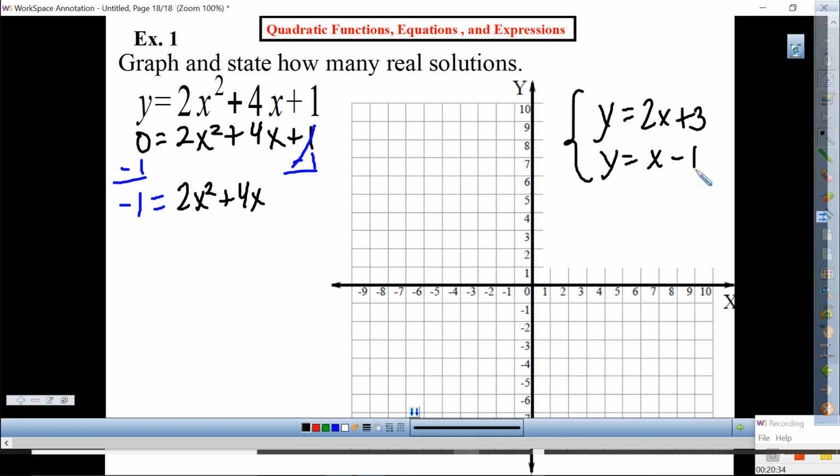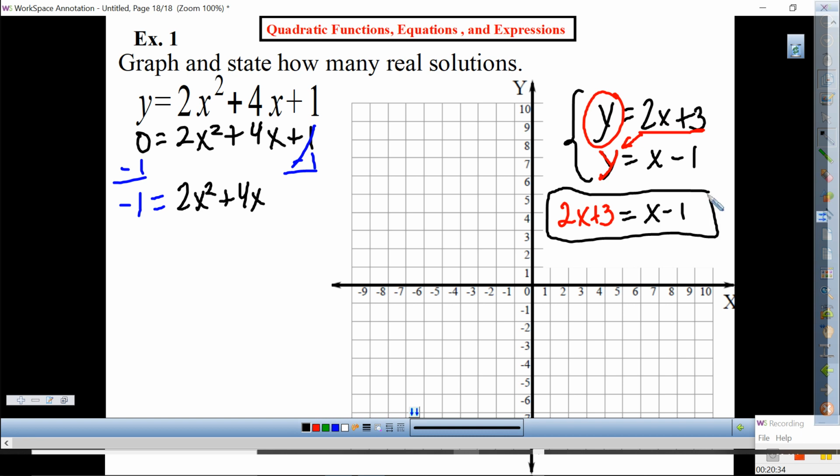And I said, to solve this using substitution, in the second equation, instead of writing y, what was y over here first? Y is what? All this, so we would substitute that in there, so it would be 2x plus 3 equals to what? X minus 1. Remember that? Then we would solve and so on and so forth. But what if I said, I'm going to give you this now, and I want you to write a system.